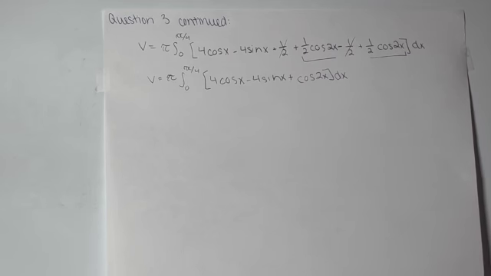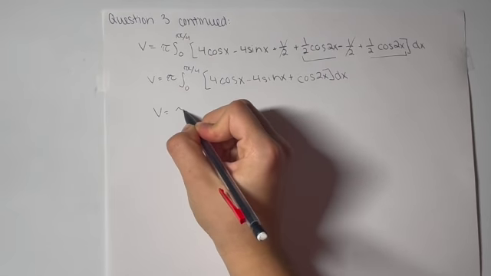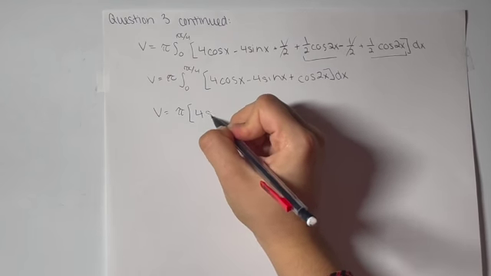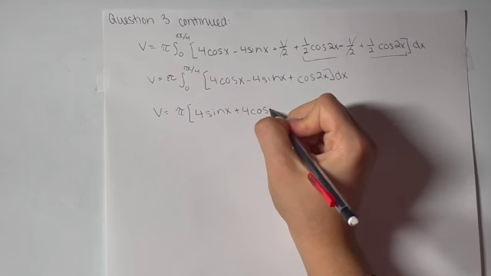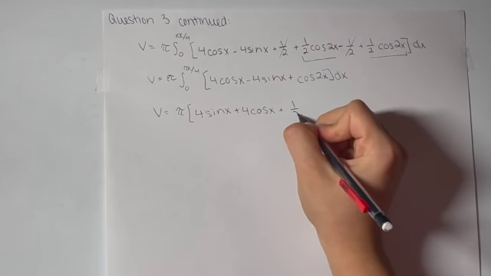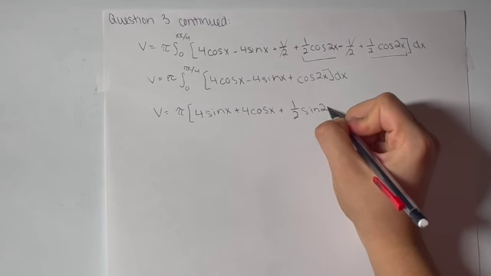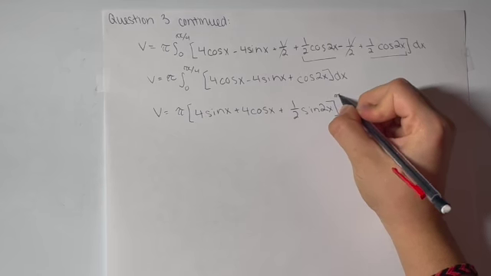From here we can integrate normally, and we will have V is equal to pi times (4 sine x plus 4 cosine x plus 1/2 sine 2x) with bounds from 0 to pi over 4.